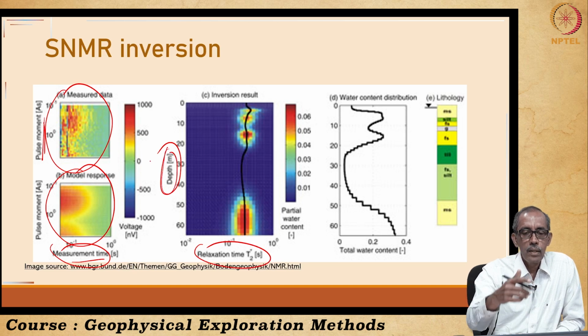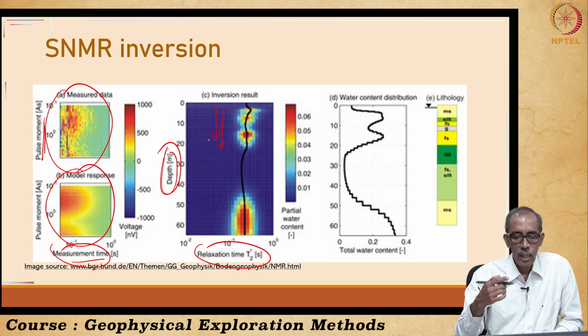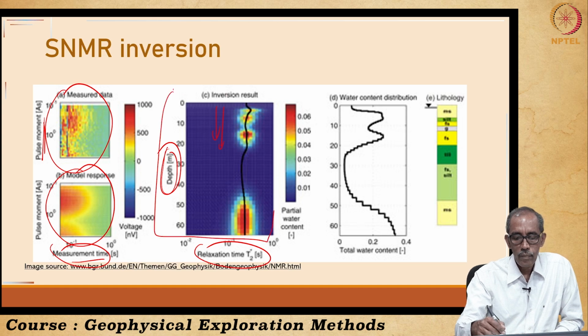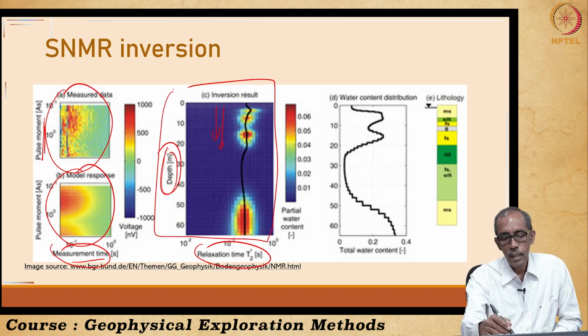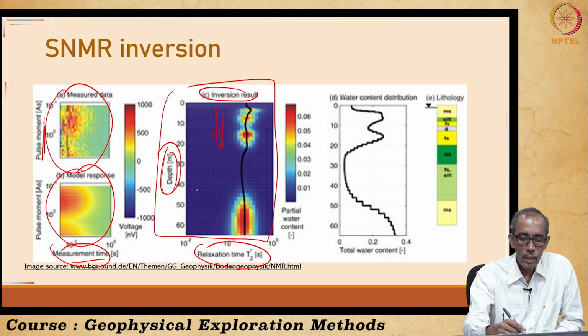That means we had focused our current, the current was going down and down as we increase the strength as well as the duration. With the help of that, and then by the inverse model, we are able to arrive at the subsurface cross section, right, by inversion. What map are we able to get? We are able to get the water distribution beneath the surface.